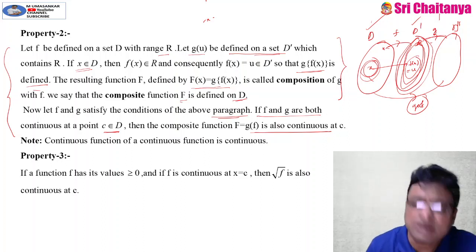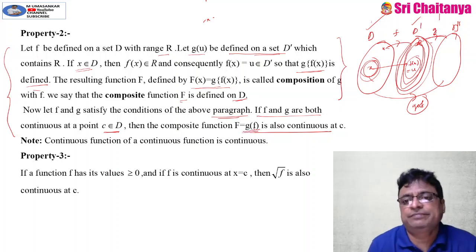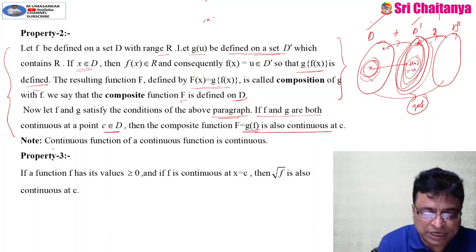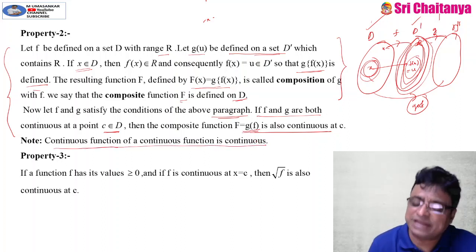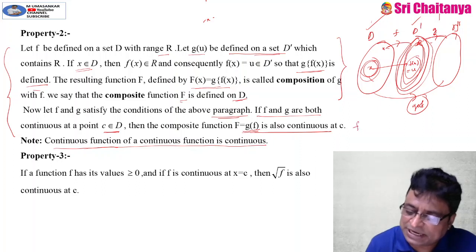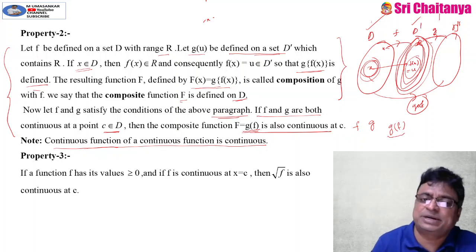This funda is called continuity of the composite function. Another important note: a continuous function of a continuous function is continuous. That means if f is continuous and g is continuous, then g of f is again continuous. This is another important point.